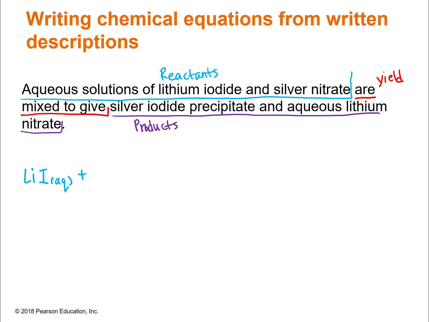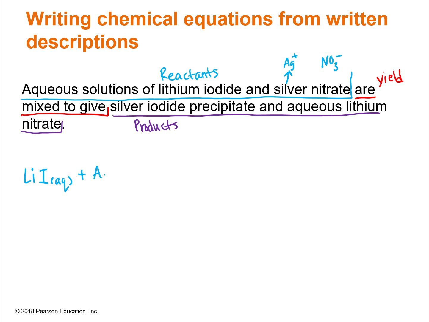Then we've got silver nitrate. Silver is a transition metal, but it's an exception. It's only got one charge, and that's Ag+. Nitrate, we know is NO3- from our chart.